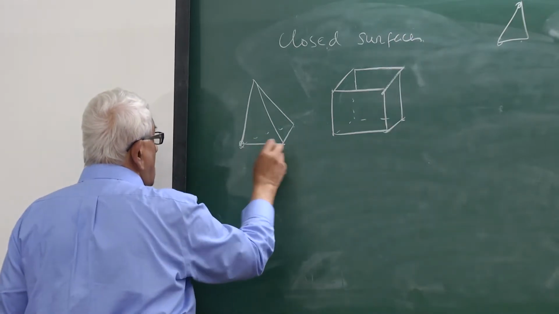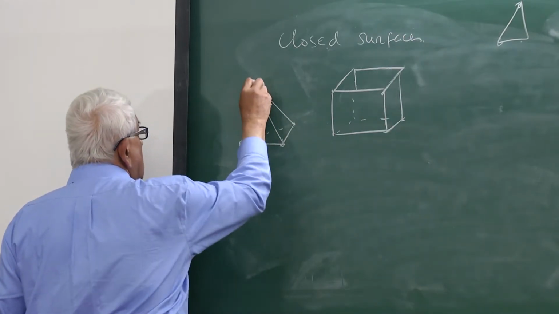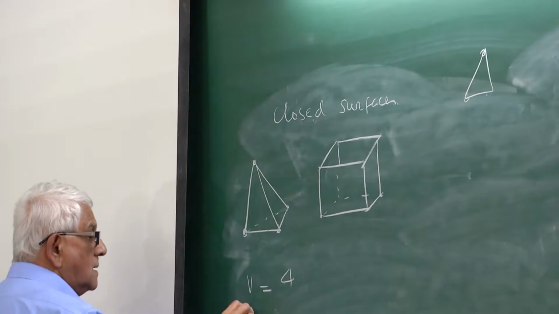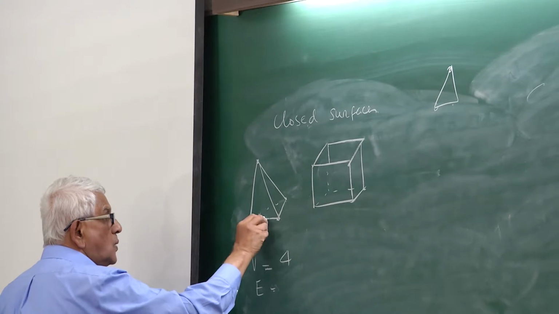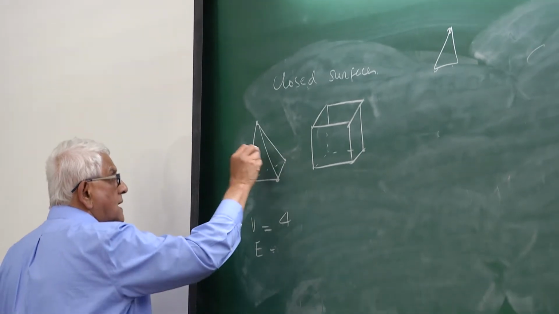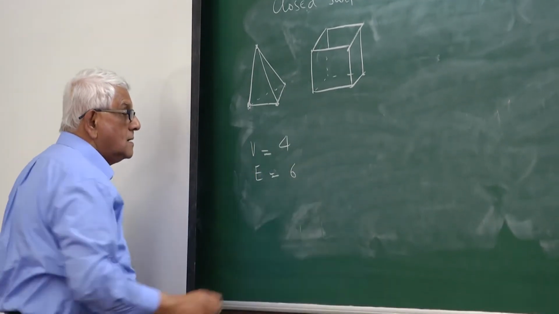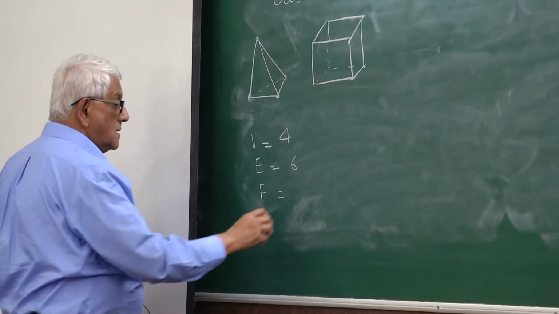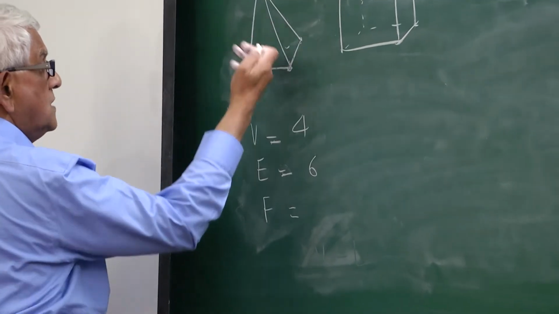So, let us again count. V is 1, 2, 3, 4, edges are 1, 2, 3, 4, 5, 6, and faces are 1, 2, 3, 4.